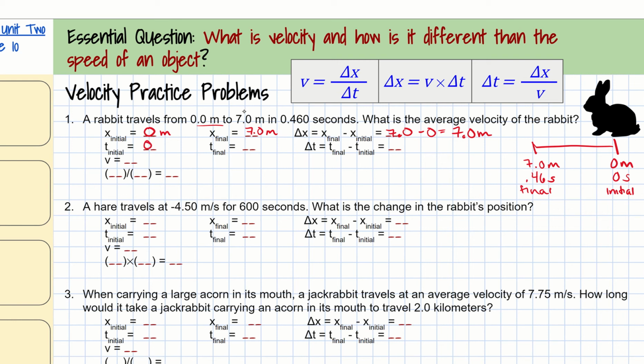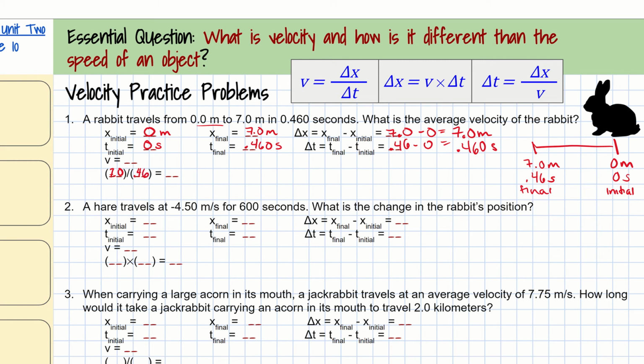So we have 0 seconds as the initial time, and 0.46 seconds is our final time. We take our final minus initial, so 0.46 minus 0 equals 0.46 seconds. Now we need to take our change in position, 7.0, divided by our change in time, 0.46.